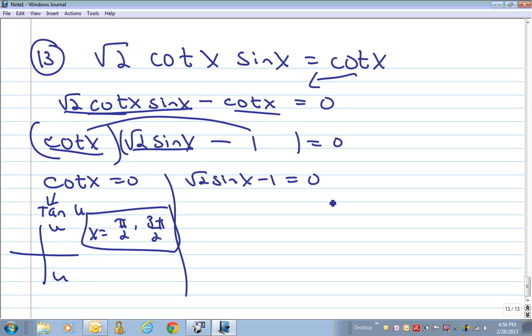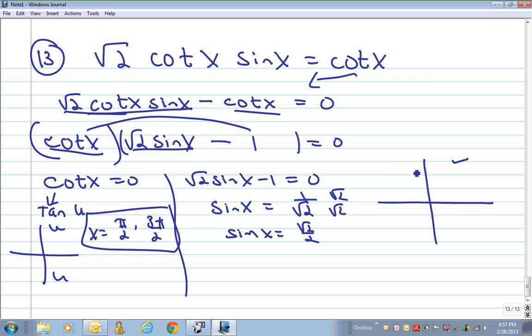Next, I'm going to come over here and solve for sine x. I would move the 1 over and divide by the square root of 2, so I would get sine x equals 1 over the square root of 2. I would rationalize my denominator, square root of 2 over the square root of 2, and I would end up with sine x equals the square root of 2 over 2. That's very familiar. Sine is positive in the first and the second quadrants.